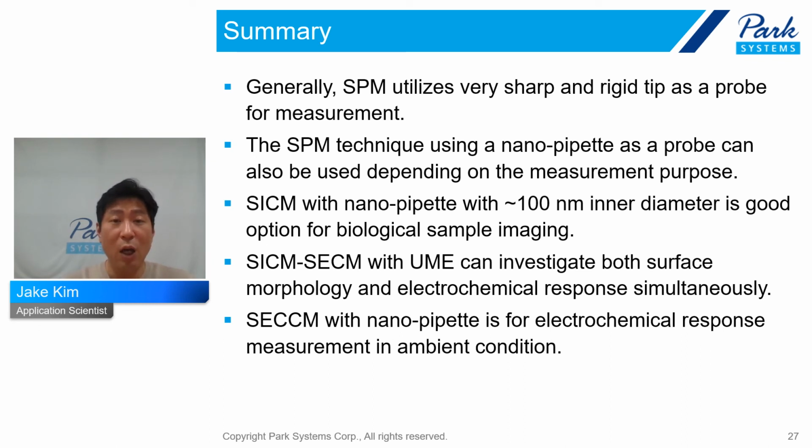However, nanopipette-based SPM techniques have the advantage of being able to cover applications that are difficult for AFM. So they are being used in various fields such as biology, electrochemistry, material science, and battery research.